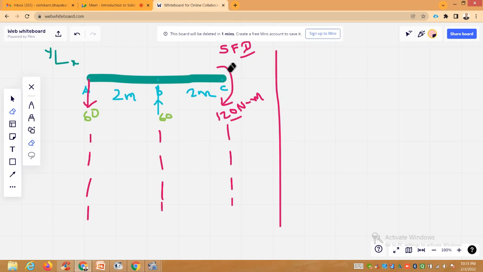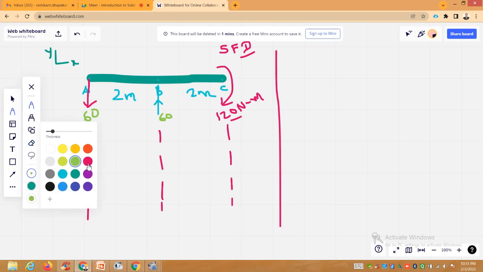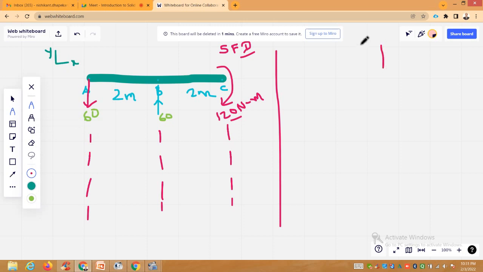Now let us start the shear force diagram. You know the sign conventions for shear force diagram. This is your section. In all my numericals, I am following the same. You can assume different sign conventions, but follow the same throughout the numerical.